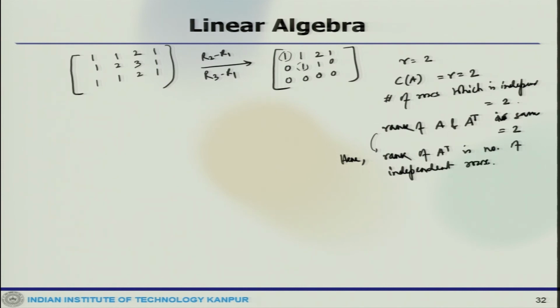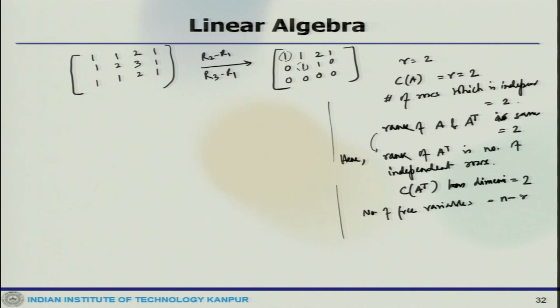So, the column space of A transpose also has a dimension equal to 2. Here the number of free variables should be n minus r, which is the dimension of the null space.